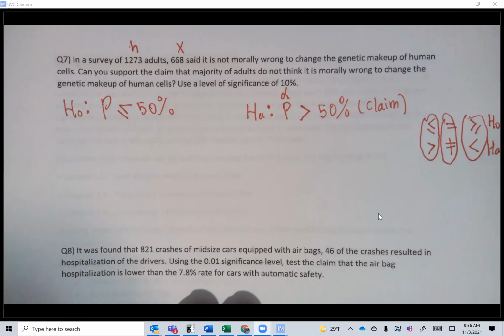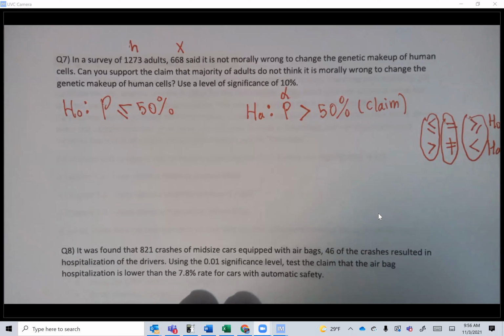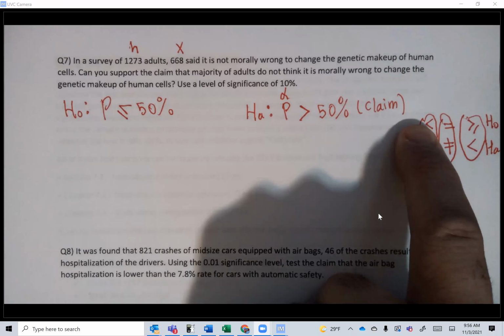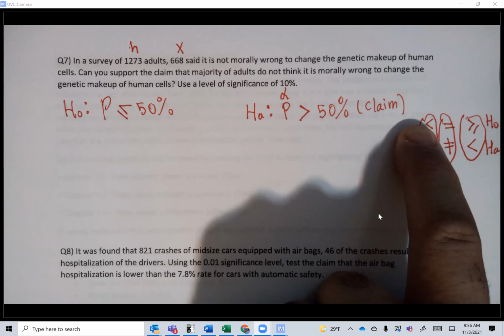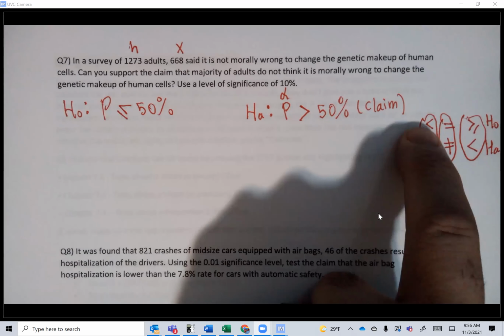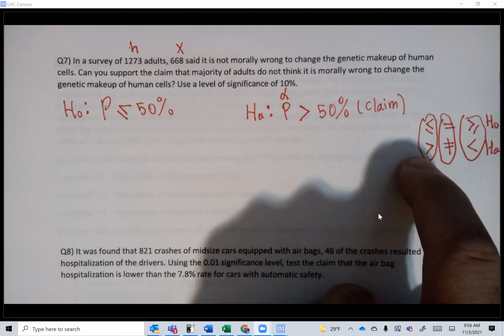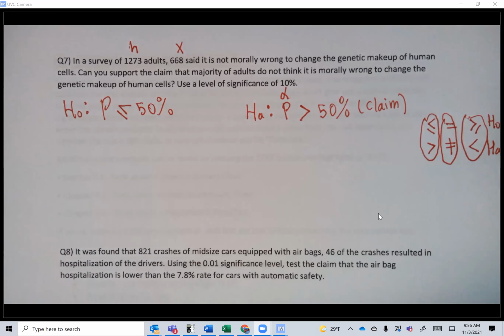Don't change that one. When you do your homework online, they might confuse you and put the greater than in H0 and this one in HA. You don't select that one. That's wrong. Even if you have to select these two, this one must be in H0 and that one must be in HA. Okay, it's a one-prop Z test, guys.